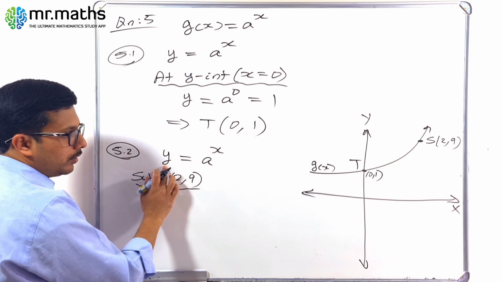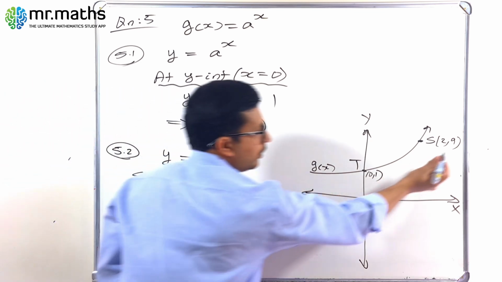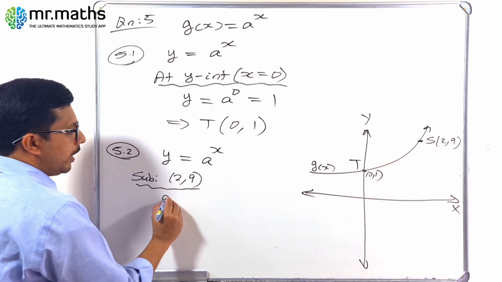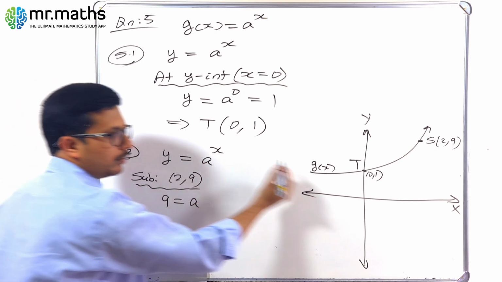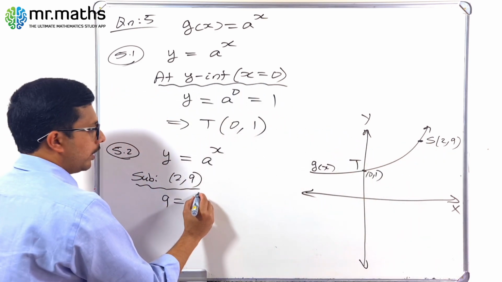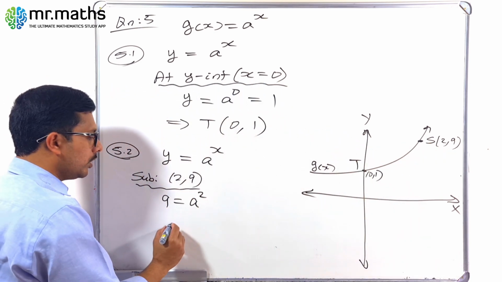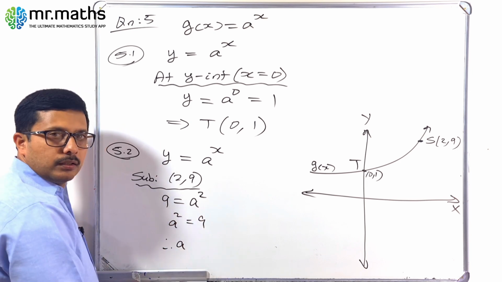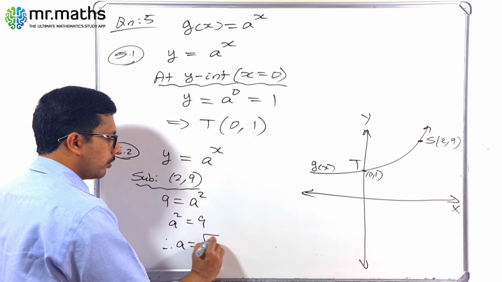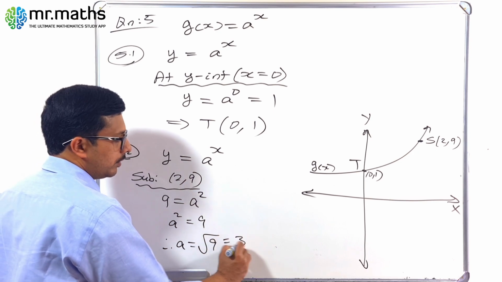So y is equal to, what is y here? It is 9. So 9 is equal to a raised to x. What is x? 2. So a raised to 2 is equal to 9. What is a? Square root of 9, which is 3.